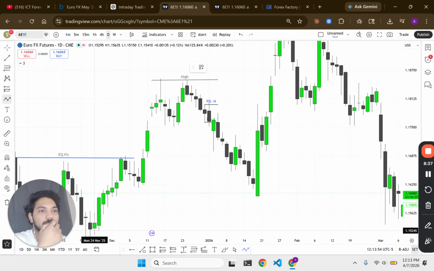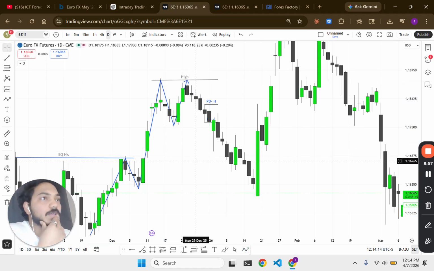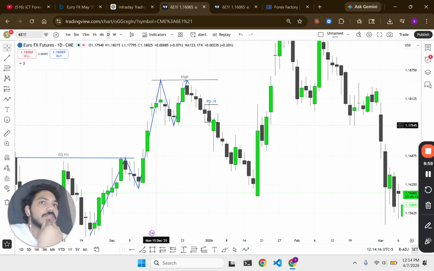If you can see from these equal highs, it went on to make highs, and it came down to make a low, then a high, right? So we can see equal lows here.